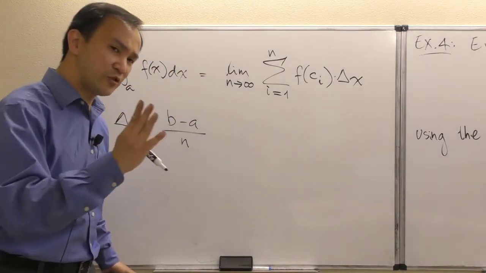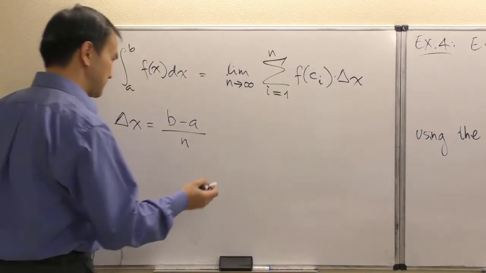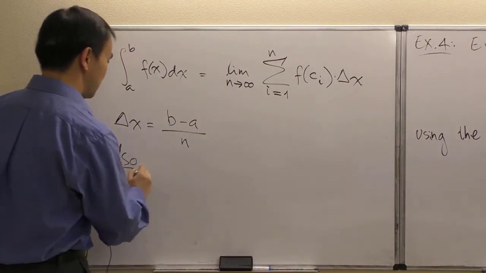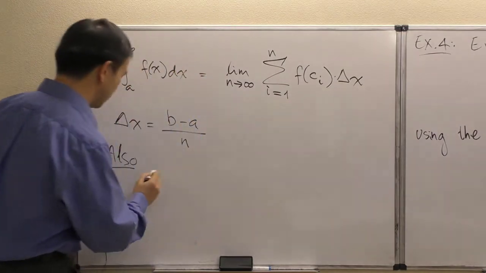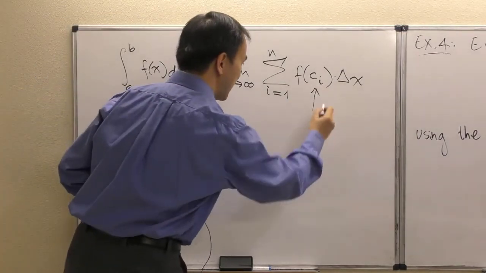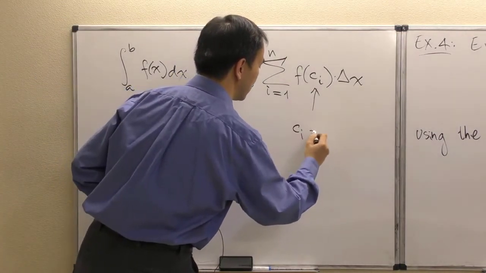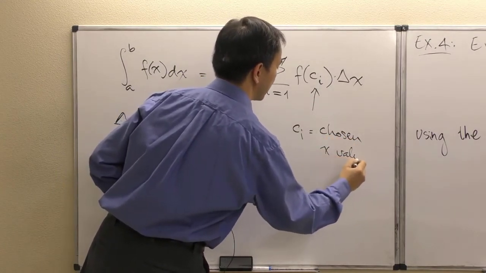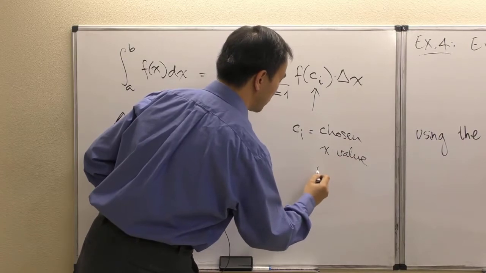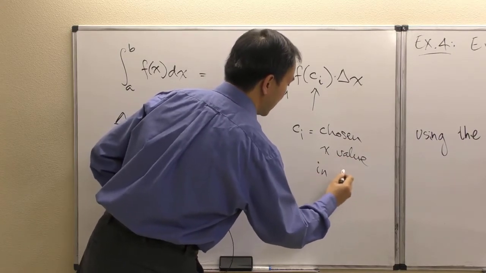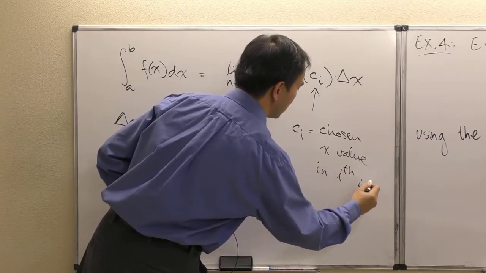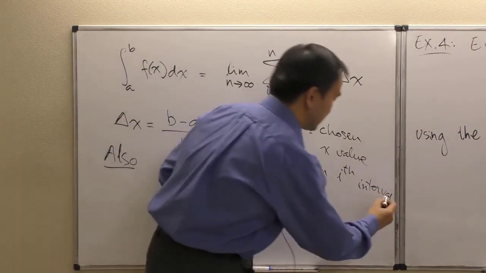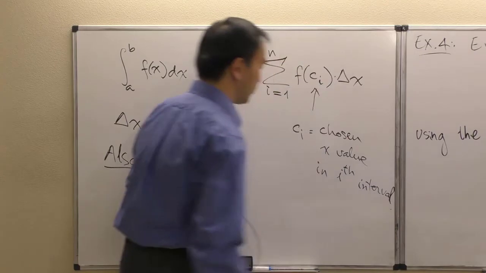But then when we actually get into that, I also had a note earlier that this c sub i means it's a chosen x value. Keep that in mind again, a chosen x value in the ith interval. Okay, so I need to constantly remind people of that.